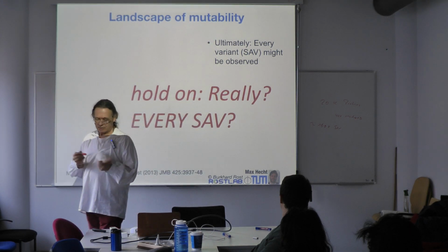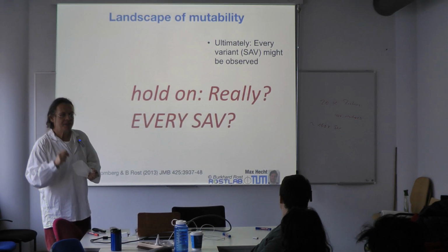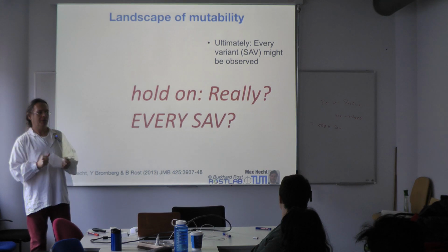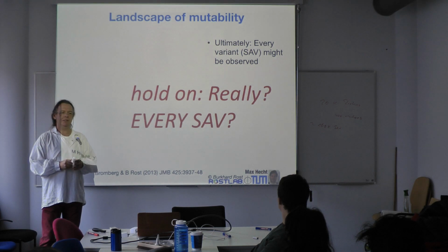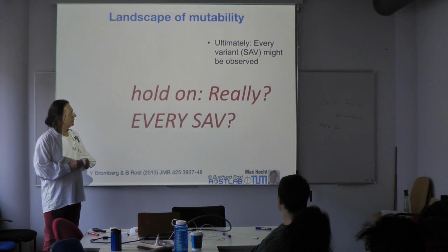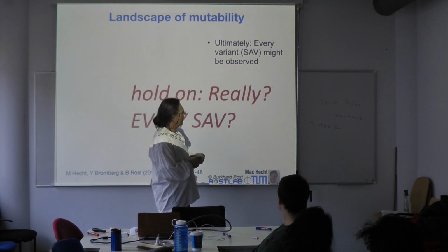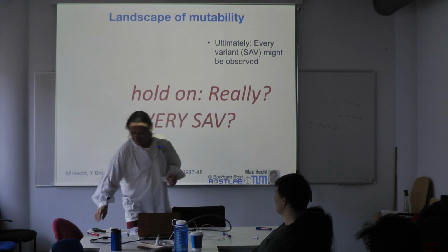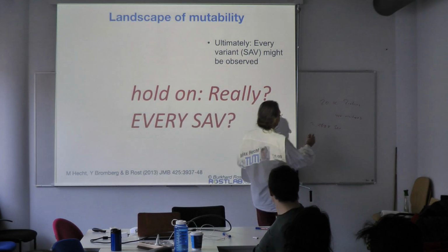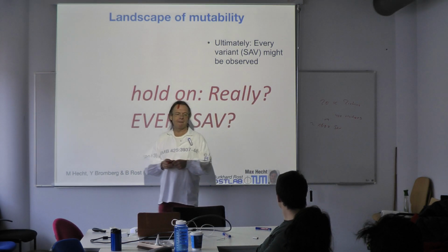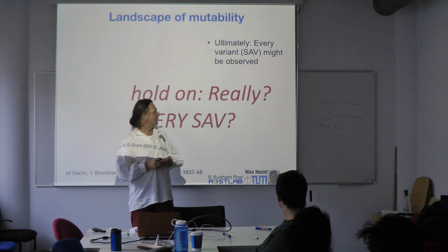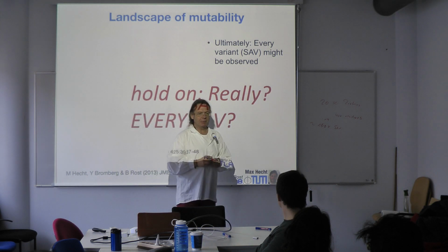So I can create 160,000 point variants in human, because I have about 160,000 residues in all the 20,000 human proteins. 8K, 800,000, right? 2 times 4. Yes, times 20, or times 19. Yeah, that's a very good point.